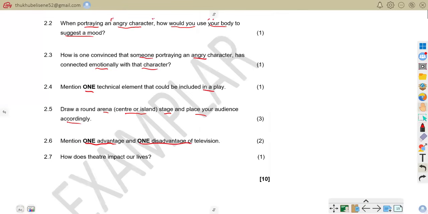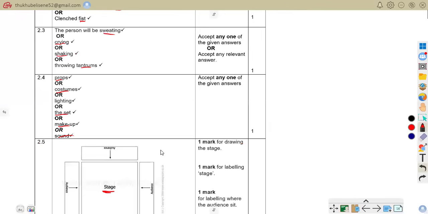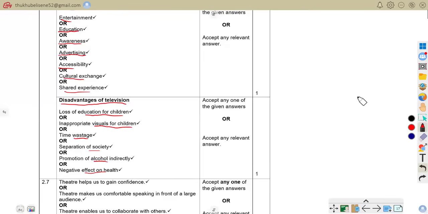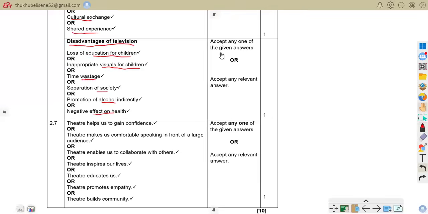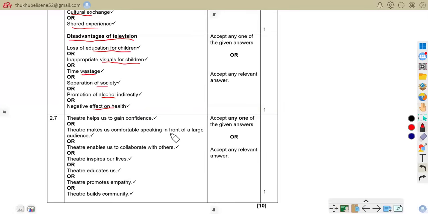How does theater impact our lives? That is the last question. Theater helps us to gain confidence. Theater makes us comfortable speaking in front of a large audience, so we can be very comfortable without shaking.